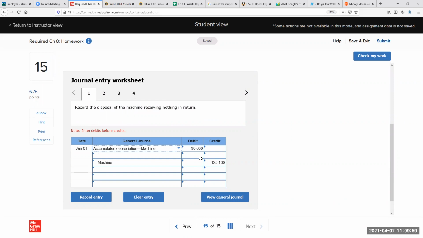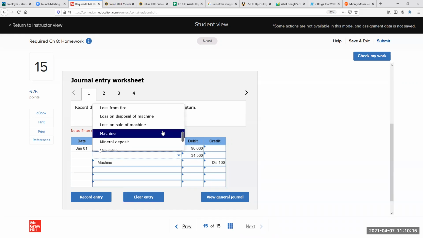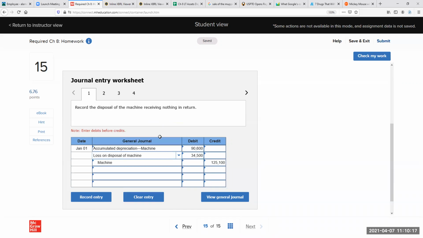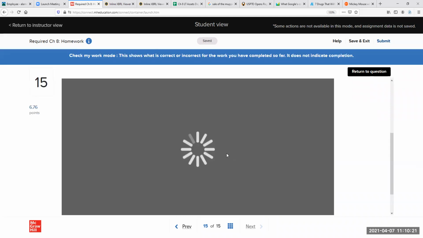Well, what's the difference? What do you need, a debit or credit? You need a debit of 64.5. You paid 125 and you only recovered 90,000. So what do you think this is? It's a loss on the disposal. You made a loss, okay? You lost money on disposing of that.